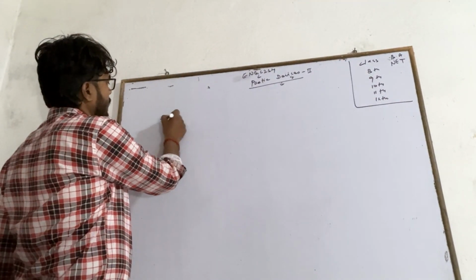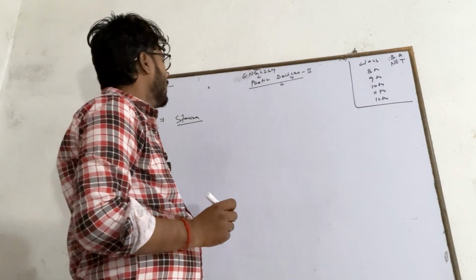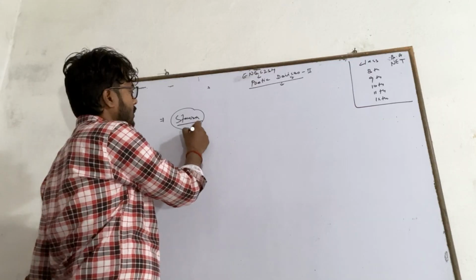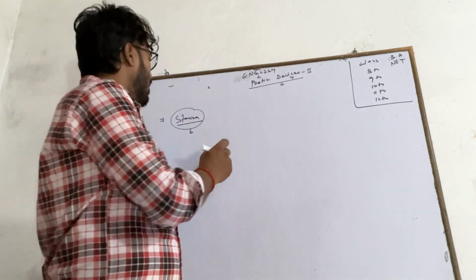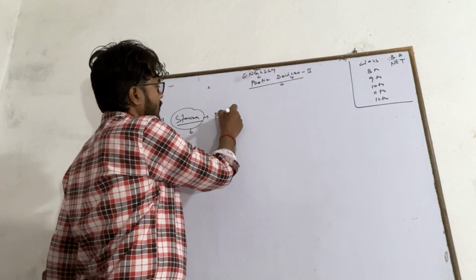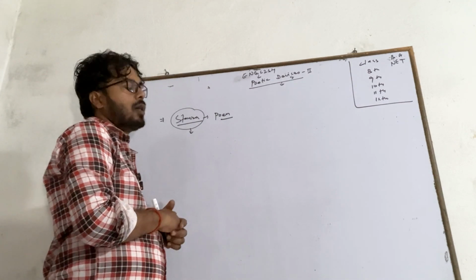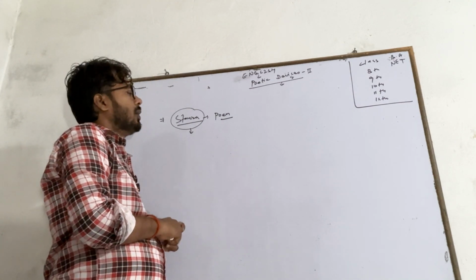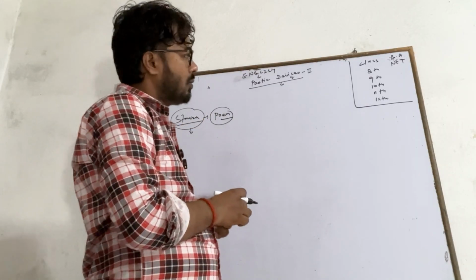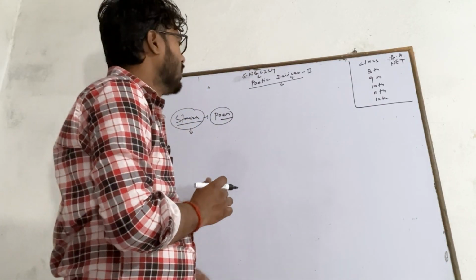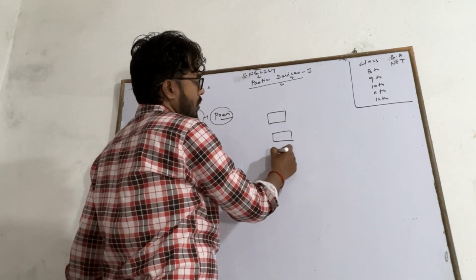Stanza. What do you mean by stanza? Stanza is all about poems. When we start studying a poem, the first thing we must know is each stanza. When you read a poem, there would be some groups of lines.